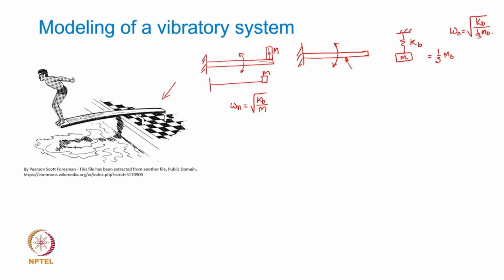If you look closely, this particular board is actually fulcrumed at these 2 points. It is an interesting case: it is fulcrumed here, and the edge here is just supporting it. So the board is fulcrumed here, but there is one support here, and while the board deflects downwards, it has an effective length given by this.